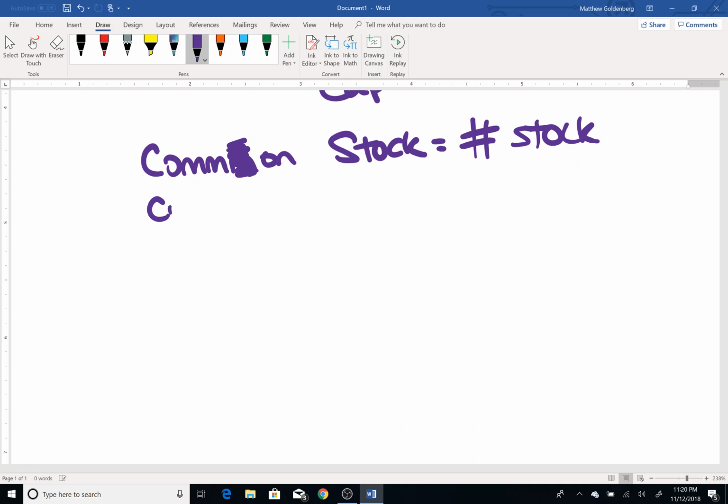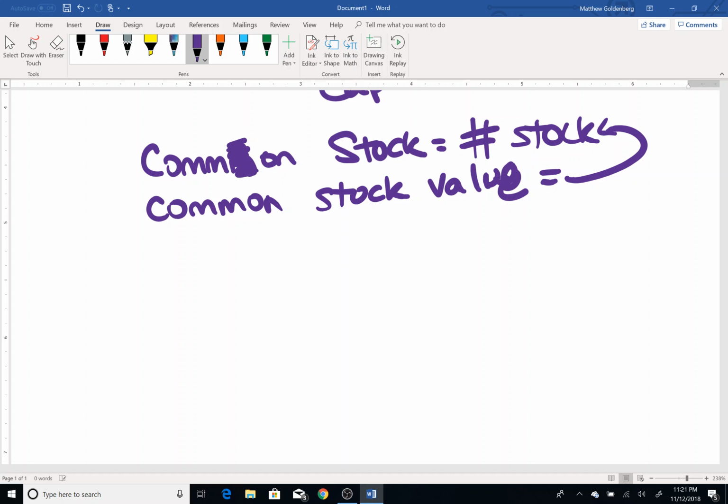You can do common stock value. It can also sometimes be just referred to as common stock as well. I've seen it interchanged before. Let's make sure it looks nice.